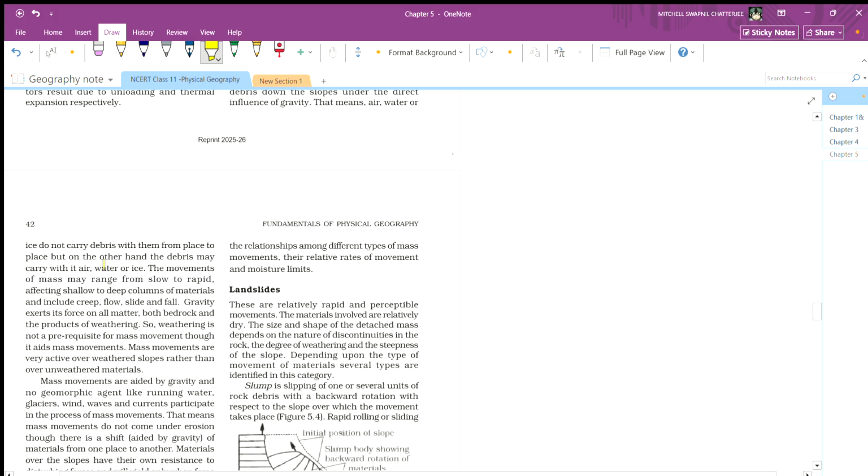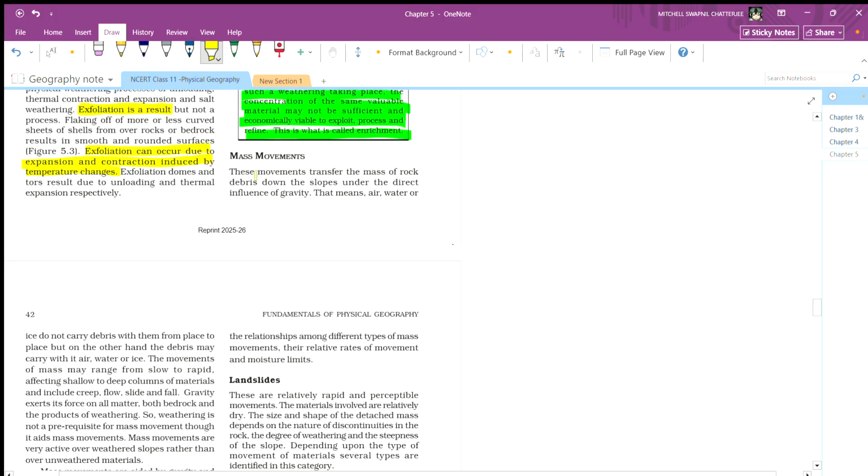Let's read it once again. These movements transfer the mass of rock debris down the slope under direct influence of gravity. That means air, water, ice do not carry debris with them from place to place. But on the other hand, the debris may carry with it air, water, or ice.